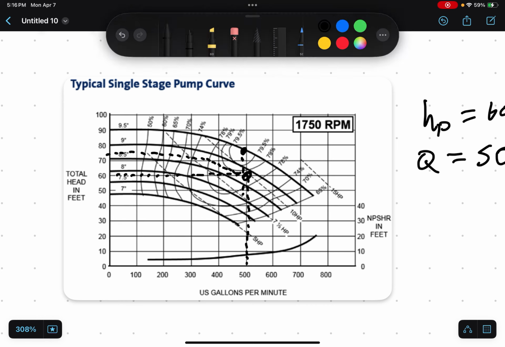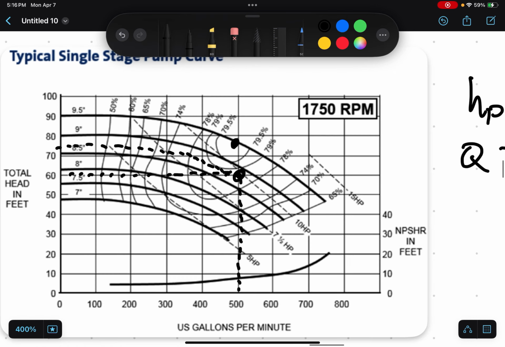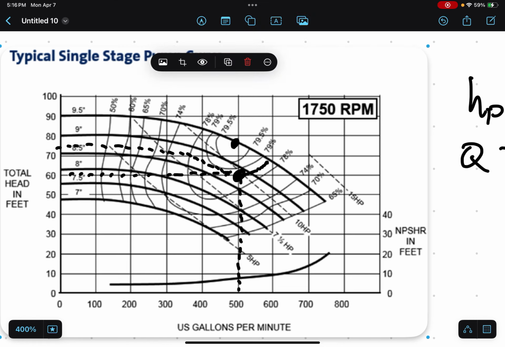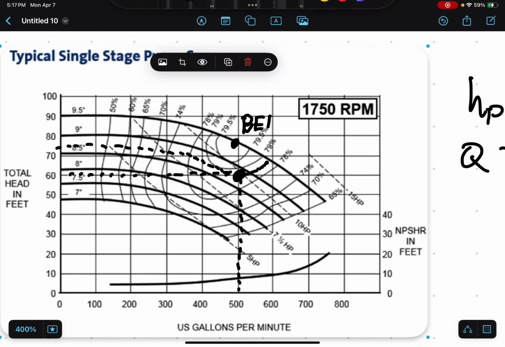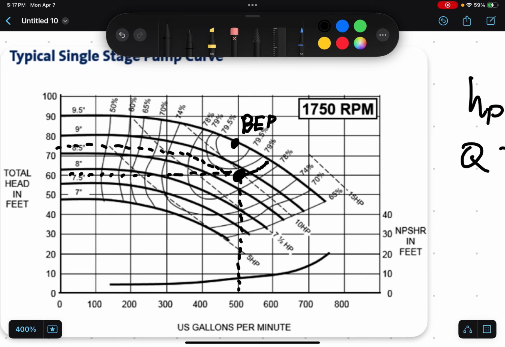So you could either design the system around that, or you could find a pump where its best efficiency point is right there. Because in our example, we were at like halfway between 78 and 79, so like 78.5%, which is really close to the 79% best efficiency. So probably for this it would be fine, but ideally you want to be as close to this BEP, best efficiency point, as possible.